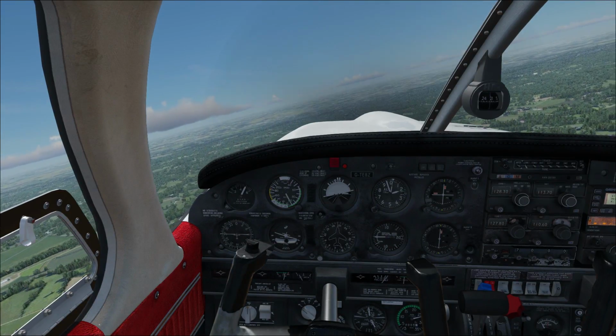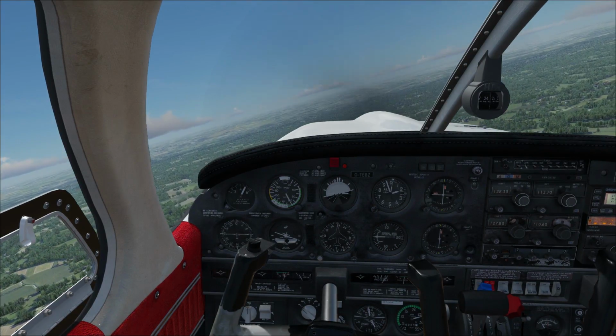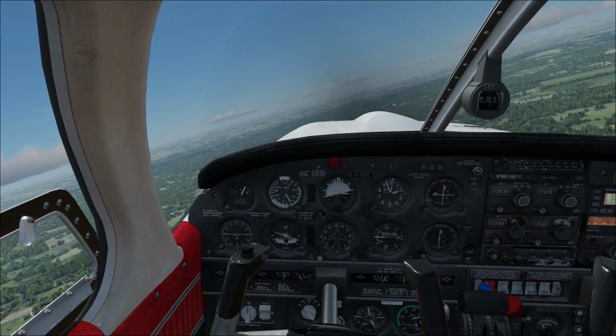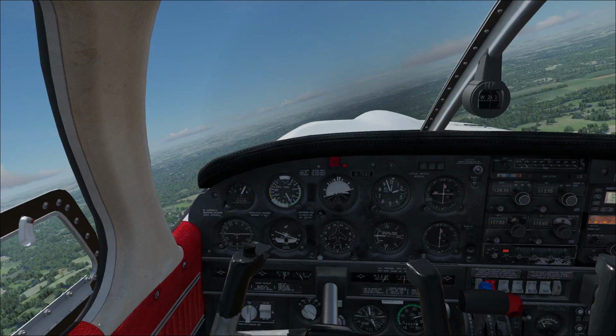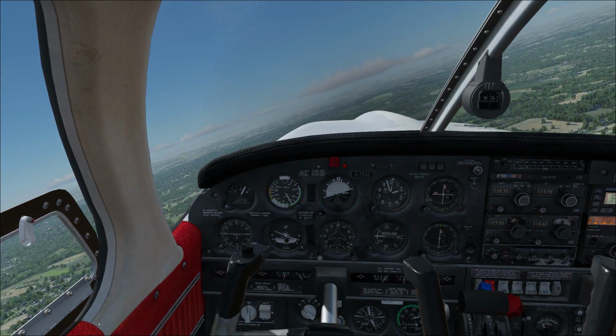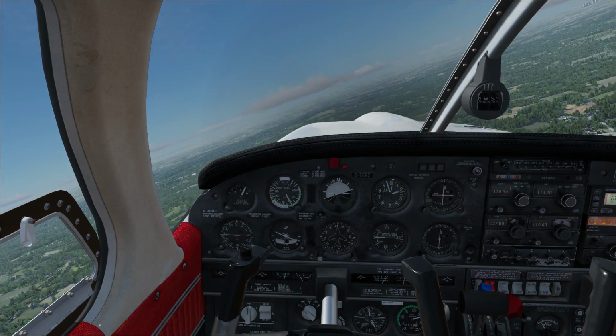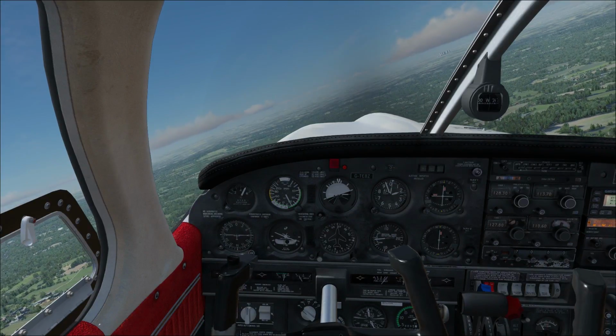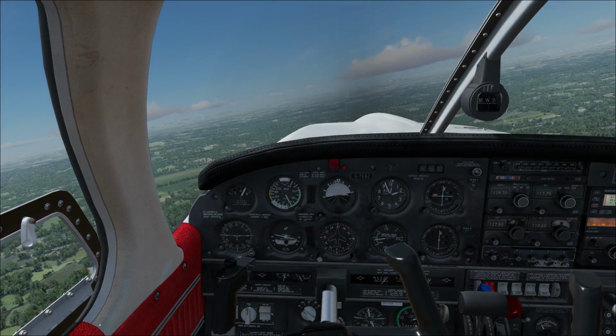And you can see that ball is now starting to move, even though I haven't even reached 20 degrees of bank yet. So now I have to put in some rudder to keep this correctly banked. There we go. And 10 degrees, roll out. Nice and gentle.